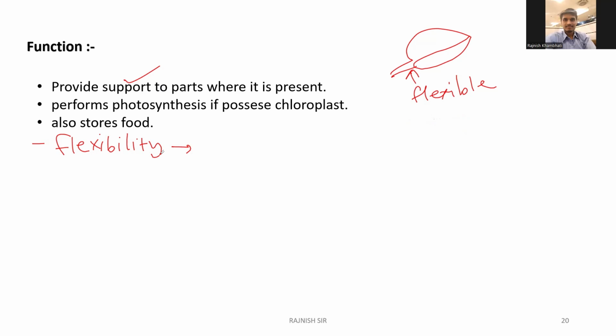It will show some flexibility, and that flexibility is because of the collenchyma. Then they perform photosynthesis if they have chloroplast, and they also store food, which is their function.